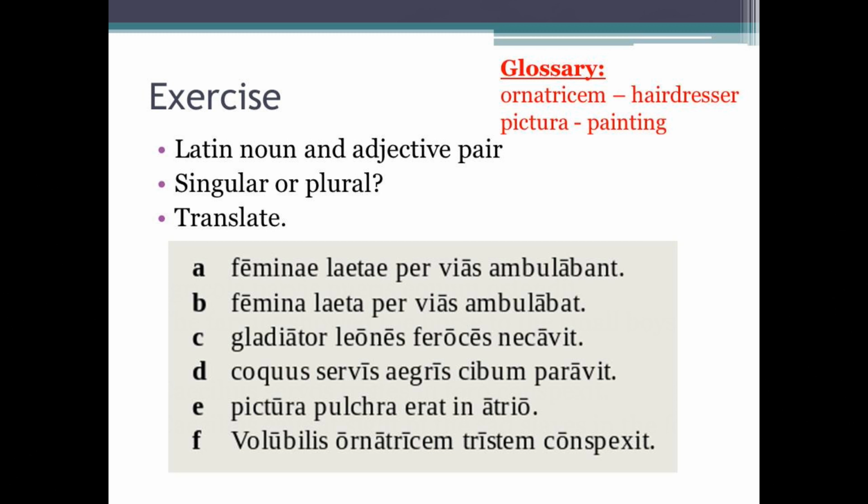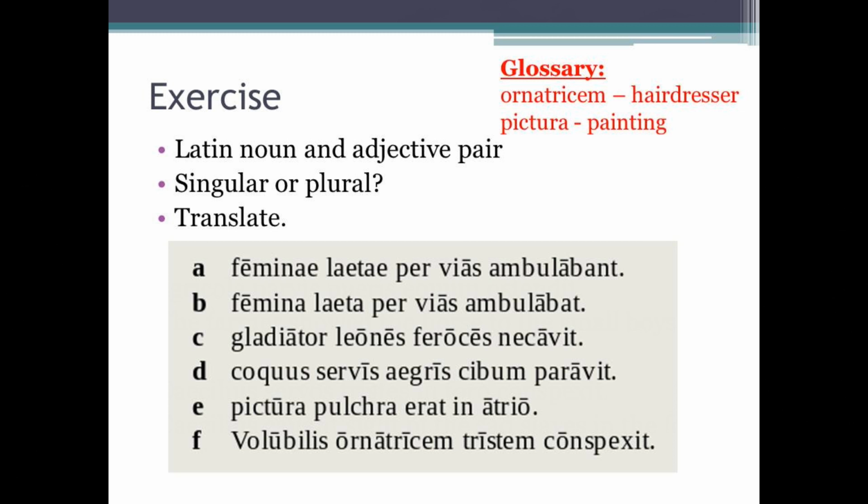C. Leones feroces. This is plural. The gladiator killed the fierce lions. D. Servis aegris. Plural. The cook prepared food for the sick slaves.